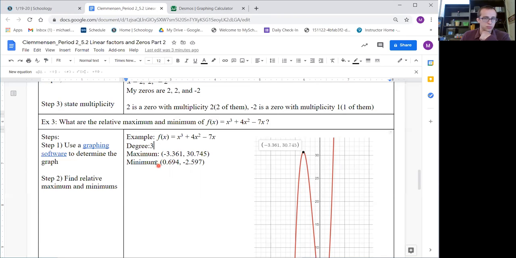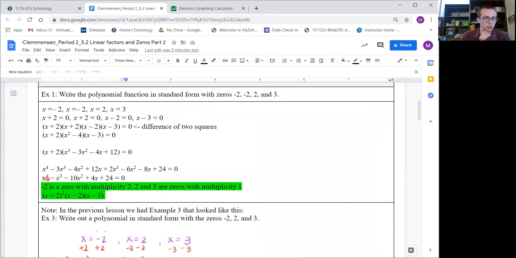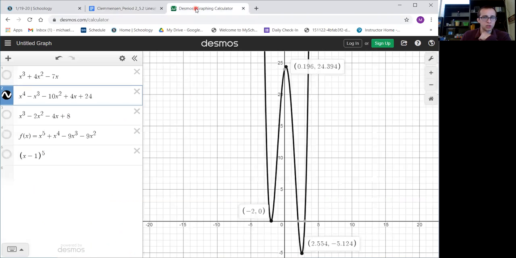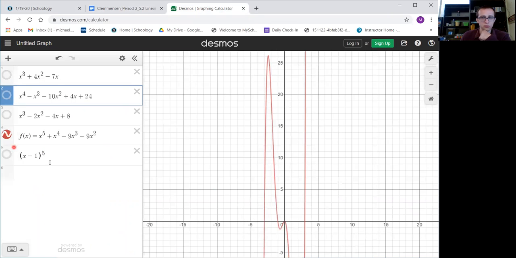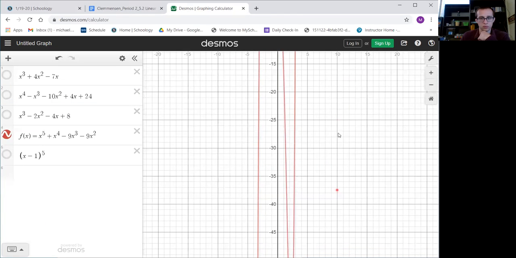It's like we see here. The one above, we saw a degree 4 polynomial, because the highest term is an x to the 4th. And so we saw 3 total maximum and minimum. All right, 1, 2, 3. If we saw an x to the 5th one like this one, we would see 1, 2, 3, 4 different ones. One of them's way down here.